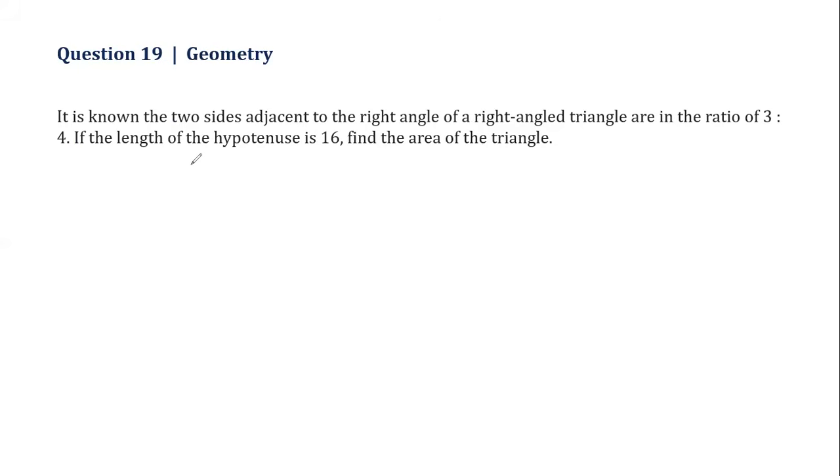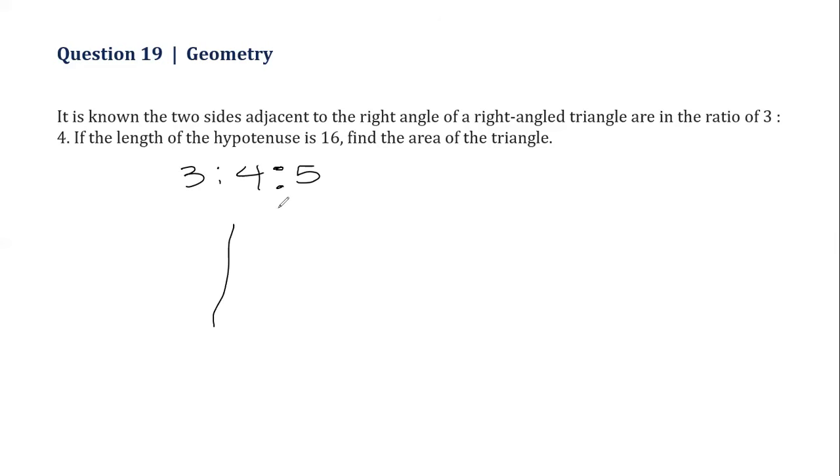If the sides of the right triangle are 3 and 4, what will be your hypotenuse? So it's 5. Yes, it's 5.